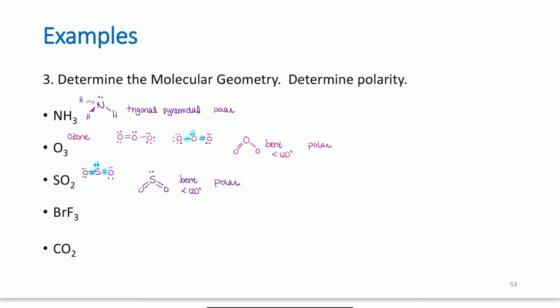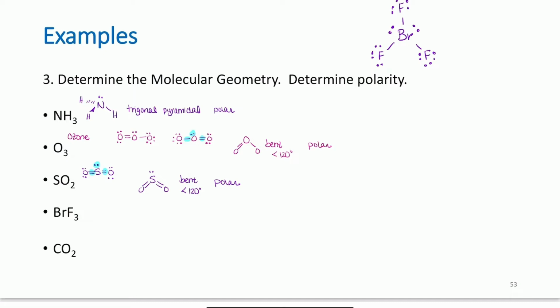BrF3. If you look at BrF3, you're going to have 28 valence electrons. I'm going to draw it up here because it's just going to take more space. Connect your fluorines. And you're going to find that it has 2 lone pairs to make up to the 28 valence electrons.